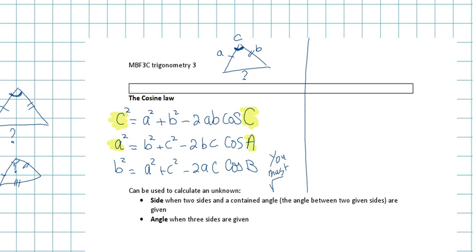The case when I have all three sides given, and I'm looking for the angle, then the formula will change a little bit. Okay? The formula is coming from isolating for the cosine part because you're looking for the angle part.